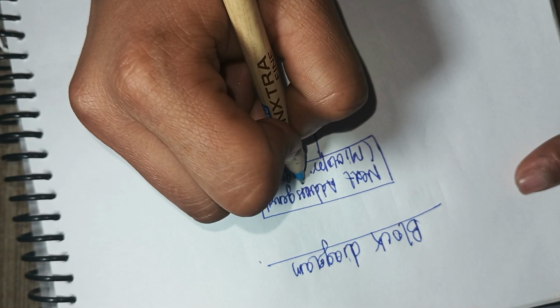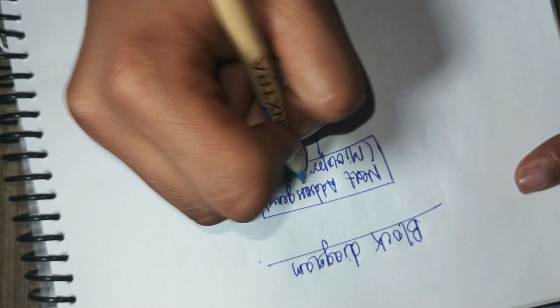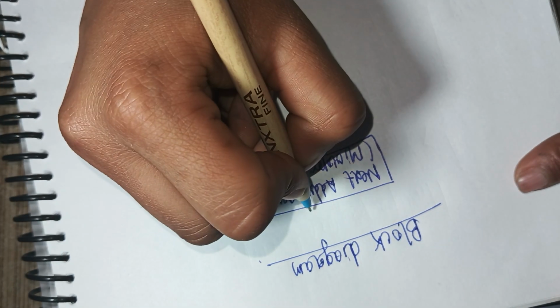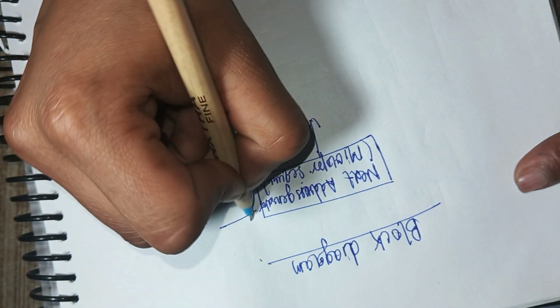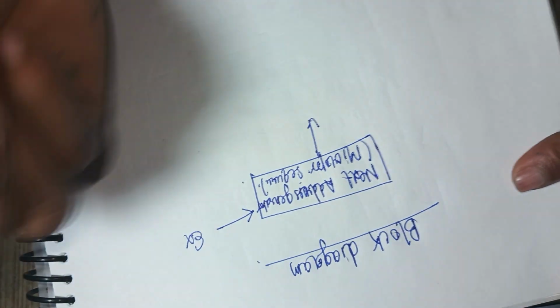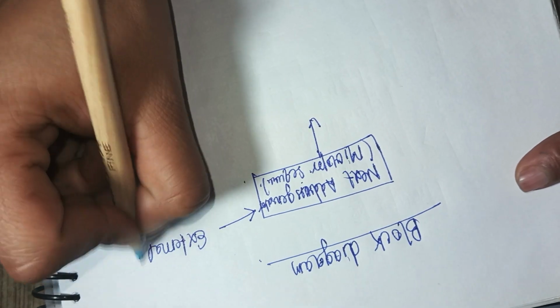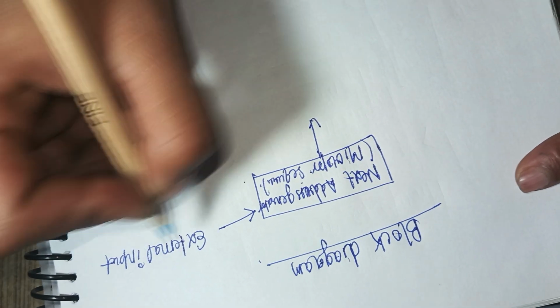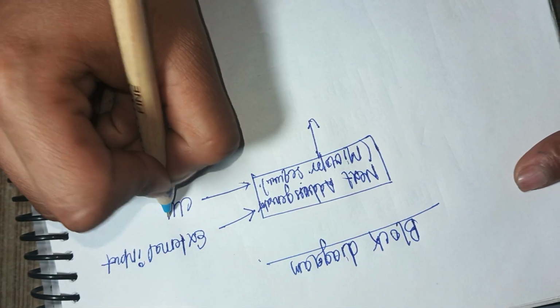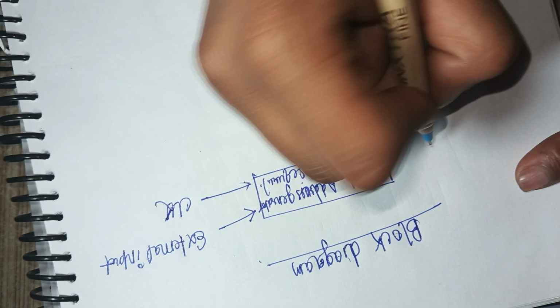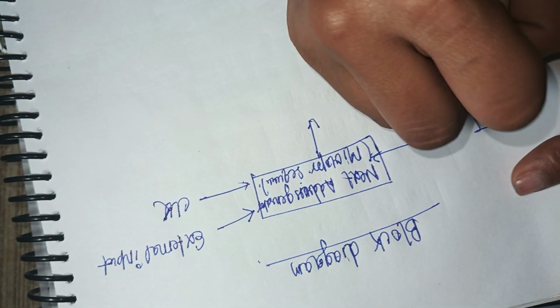This determines the next address from within the control memory, and it takes input from the external input, the clock input, and from the instruction register.